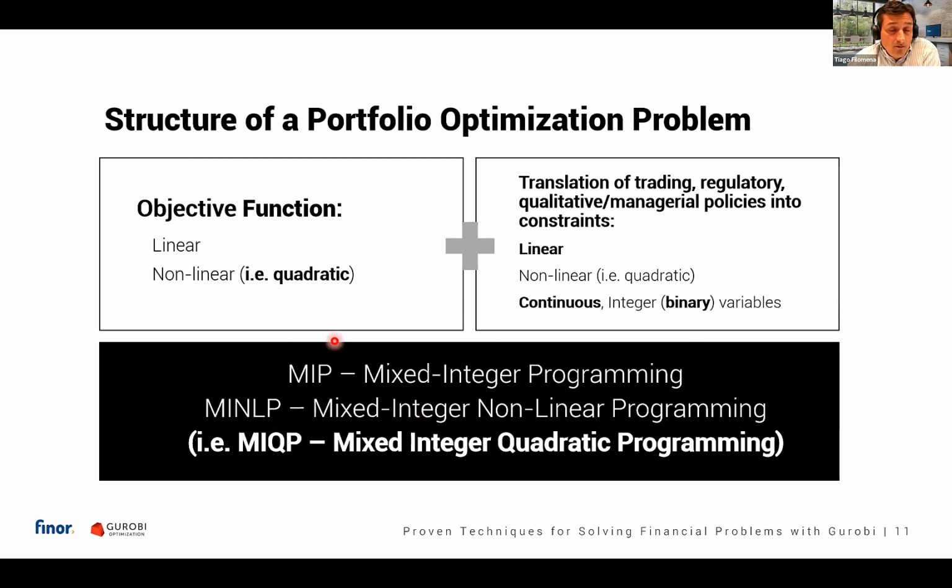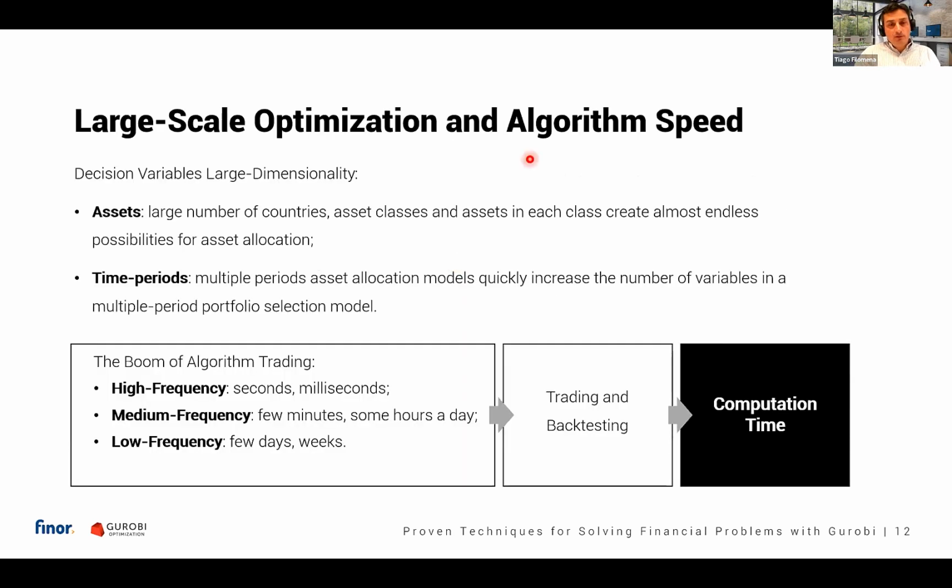Sometimes you might have a fully linear problem that can be a MIP, a mixed integer programming problem. And I think this is the importance of dealing with a solver such as Gurobi, which is pretty general in the types of problems it can solve. So you don't need to be that worried about whether Gurobi is going to be able to solve this type of problem or not.